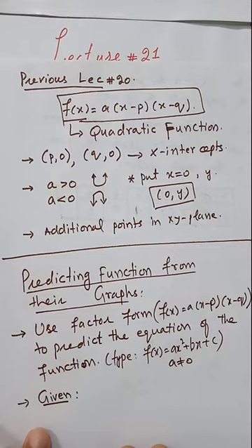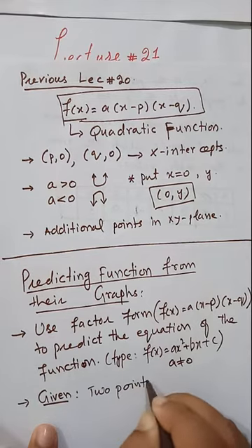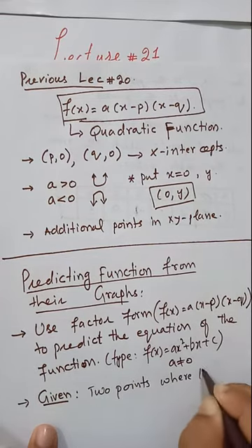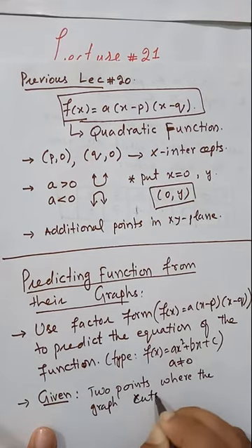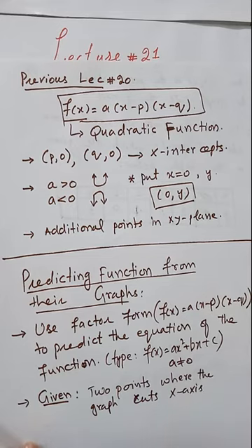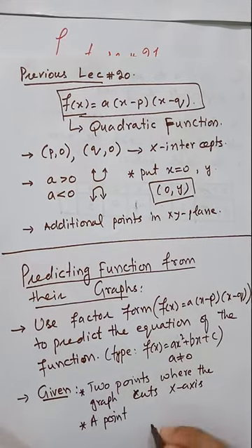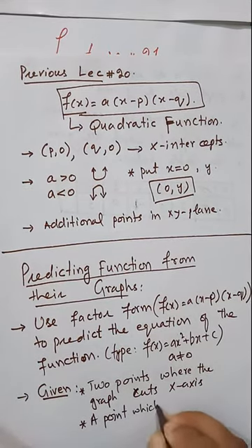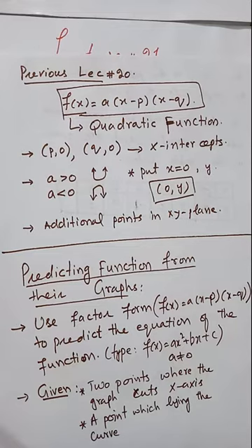So the given information while you are predicting the function in this topic will be 2 points where the graph cuts the x-axis, and the next information will be a point lying on the curve, meaning lying on the graph of that function.